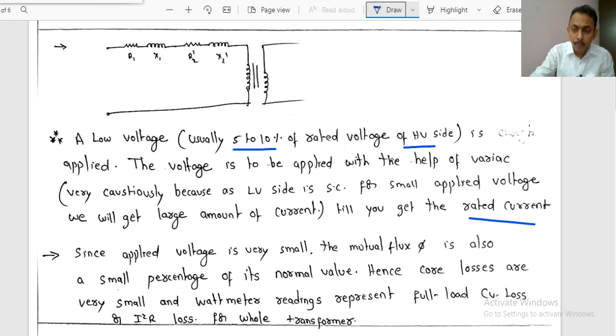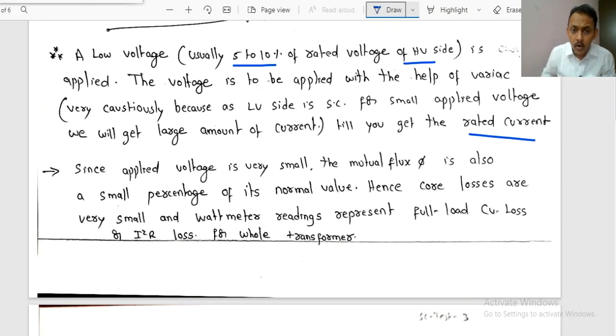Because the applied voltage is very small, for a very small applied voltage we are getting the rated current. The mutual flux will also be a very small percentage of the normal value. Whatever losses occur will represent the full load copper losses.